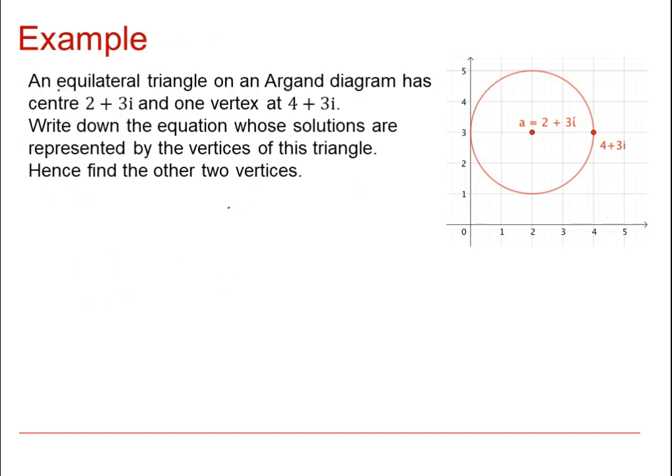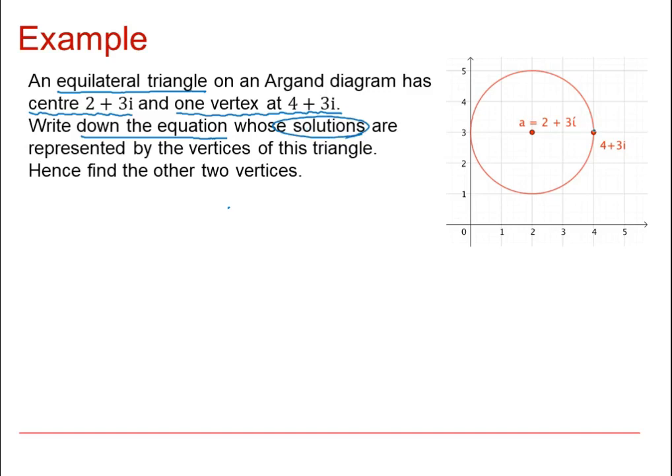So in this problem, the equilateral triangle will be formed on this Argand diagram that has a centre at 2 plus 3i and one of the vertices is at 4 plus 3i, and we're trying to write down the equation whose solutions could be represented by these vertices.